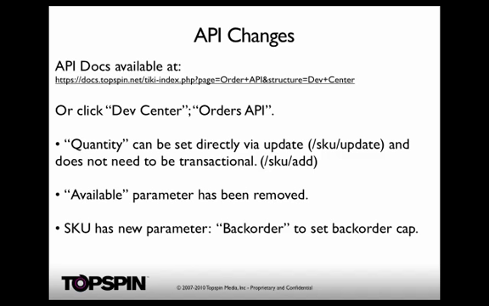The changes, if you've been using an existing API integration: first and foremost, quantity can now be set directly via the SKU update method, and you do not have to do the transactional method. Prior to this update to the SKU modification API, you had to do all of your changes to inventory on a transactional, delta-based method.